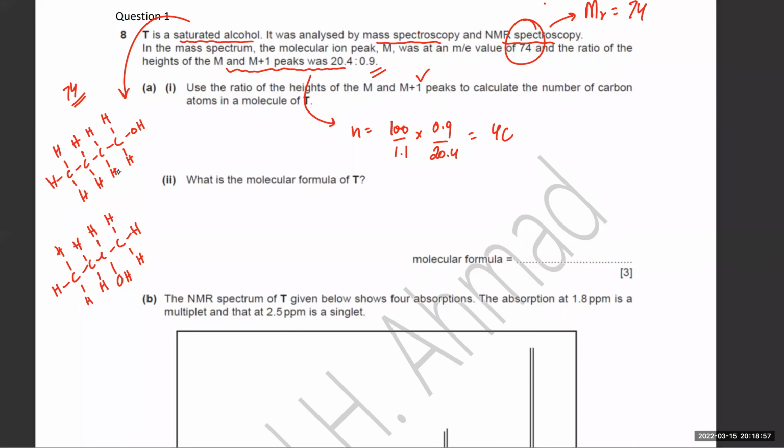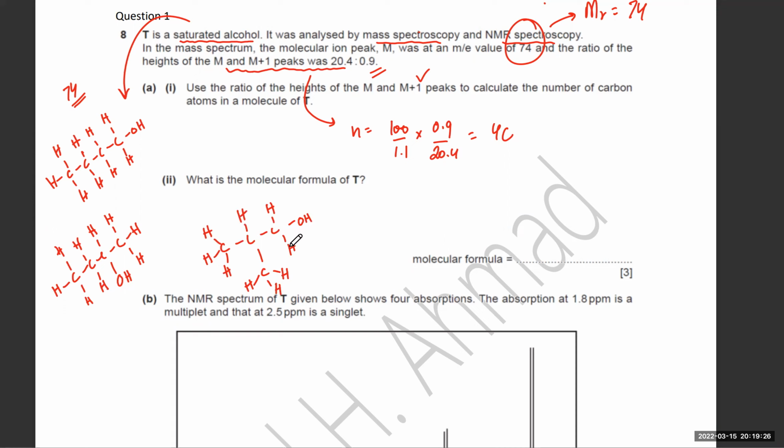There could be another one where the carbon atoms are branched. They could be a branched version of this. So this could be OH, and this one would have H and H, and there's going to be another carbon with 3 H's. So all of them are 74.